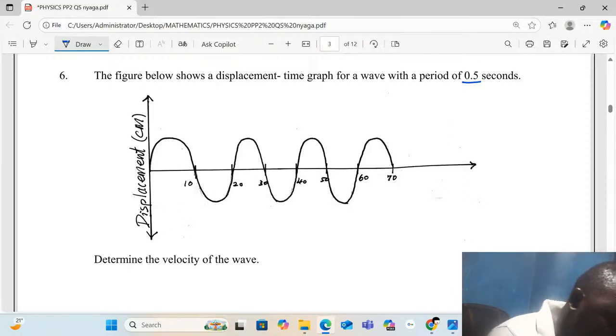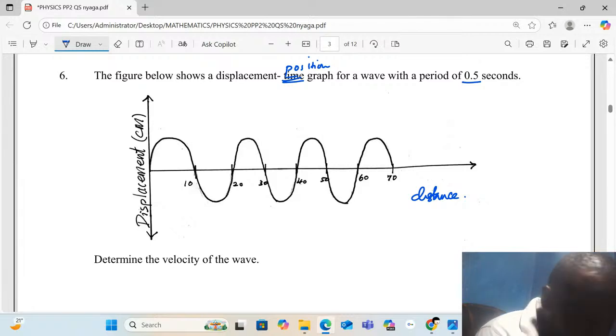So there are some things that I am going to adjust, that this becomes a displacement position graph, so that on this side we shall have distance. So on the left side, the y-axis, we are having displacement.